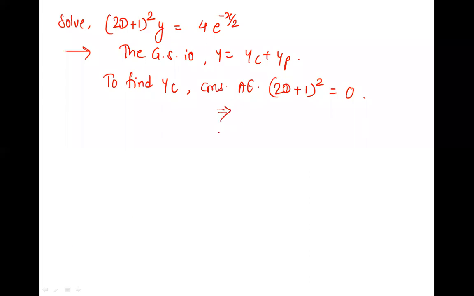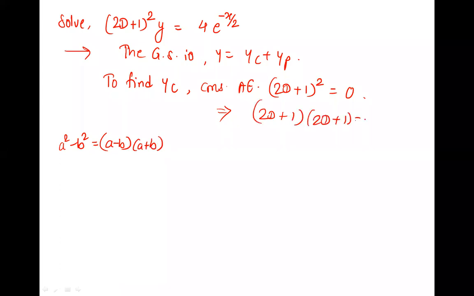Okay, how to find the roots? Can anyone tell me? If it is given something square or cube, don't go to open it. Square is what actually? A plus B, A minus B. No. That is (2D + 1) into (2D + 1), 2 times.